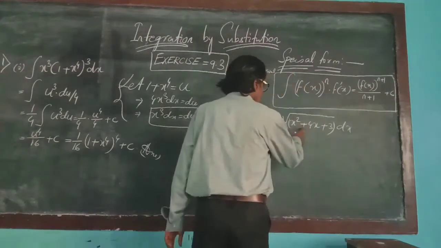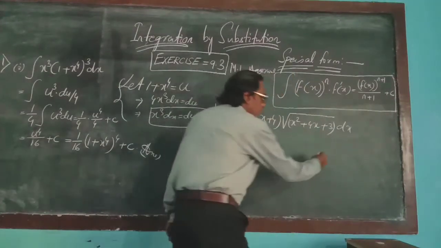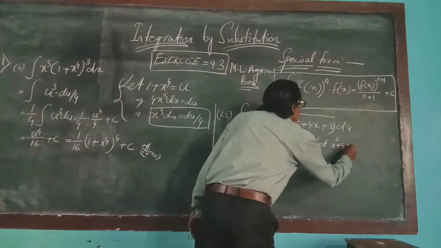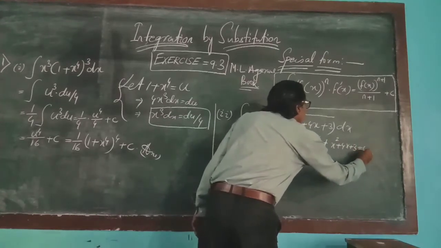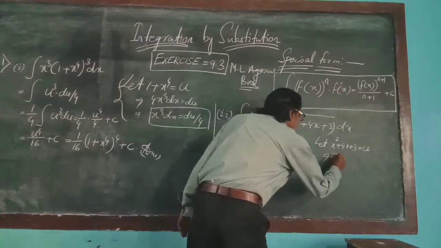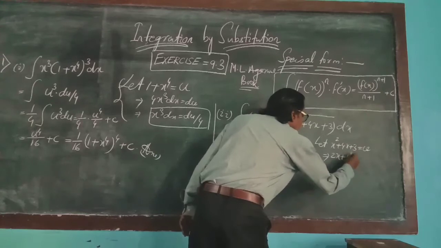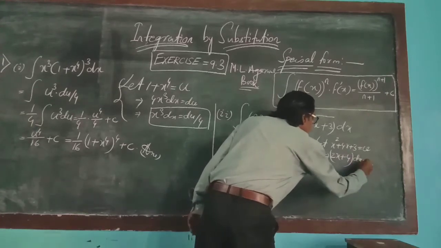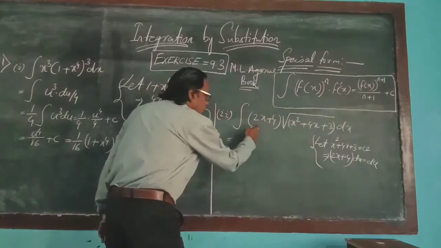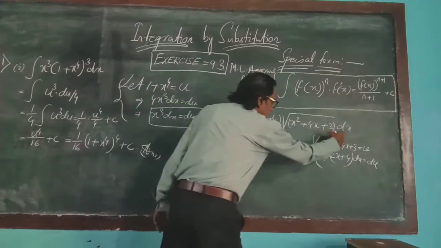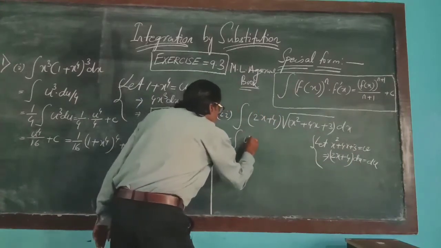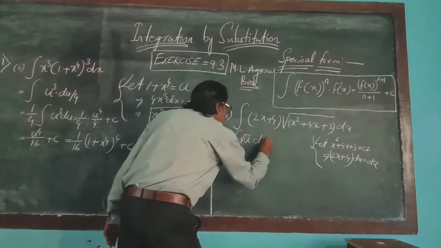Let x square plus 4x plus 3 be u. I am taking x square plus 4x plus 3 as u. What is the derivative of x square? That will be 2x, and this will be 4, so 2x plus 4 dx is equal to du. Now you substitute the value of 2x plus 4 dx, that will be du, and this will be integration of root over u du.